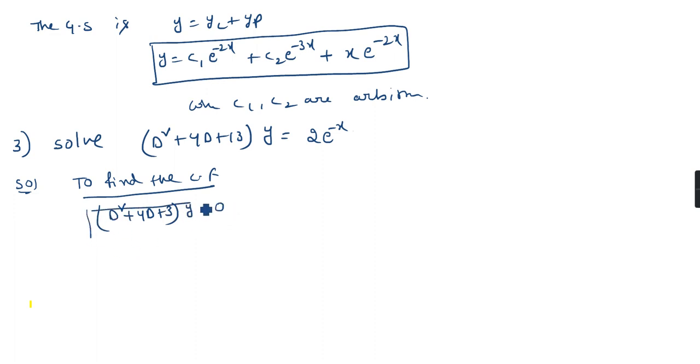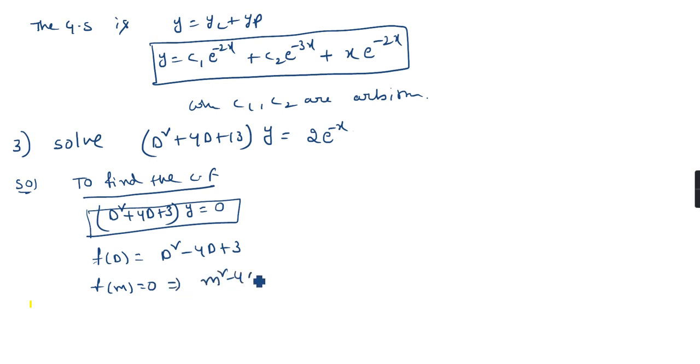So actually no need to write this one, directly you can take f of d equals d square plus 4d plus 13. Okay, take the auxiliary equation f of m equals 0, that implies m square plus 4m plus 13 equals 0. For 13, there are no numbers to multiply to get 13 and add up to 4.